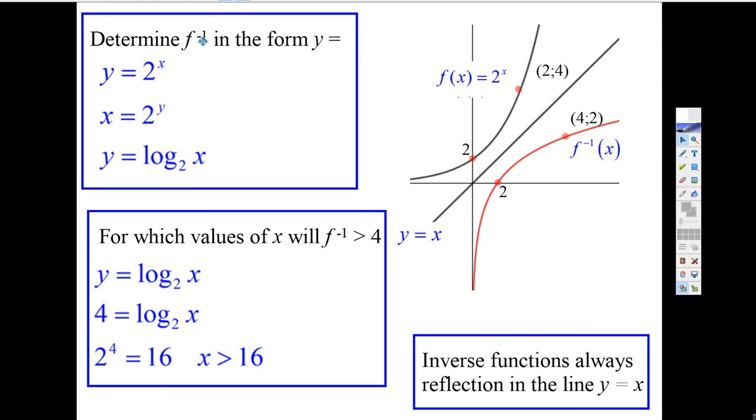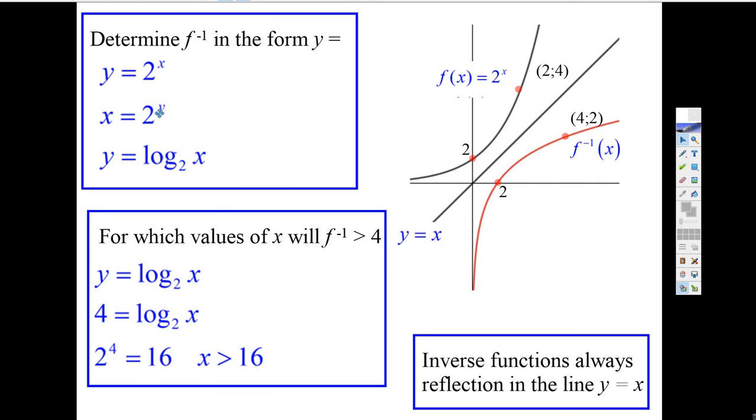But if they said, find the inverse, well, instead of f of x, you write y equals 2 to the x. And if they say determine the inverse, all you do is switch x and y. Now the next part is a little bit trickier because you have to use the log idea. You have to look up here and go, what's the base?